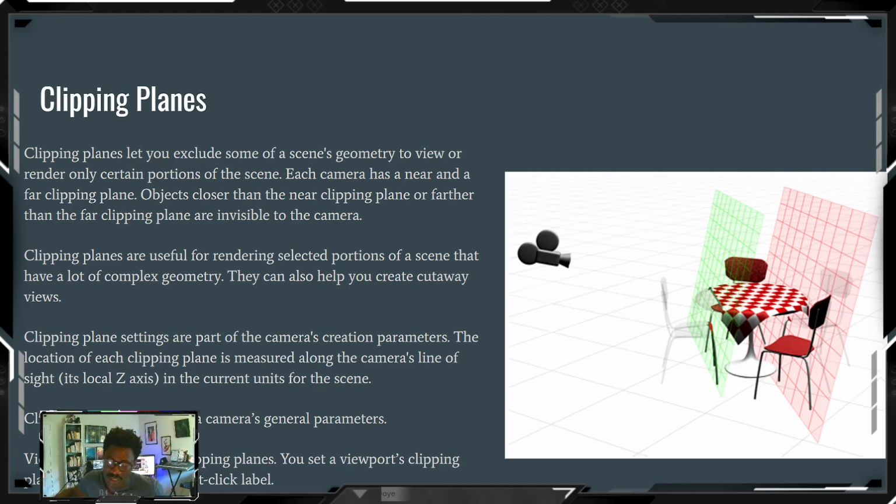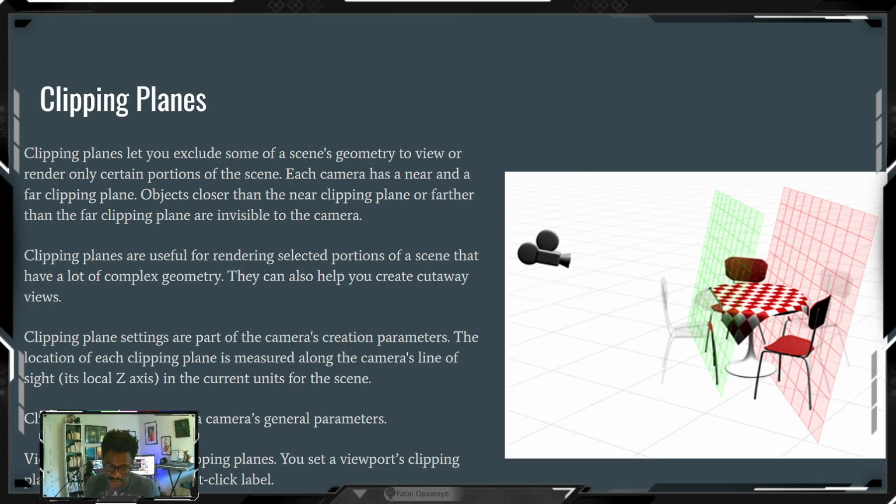You're going to have weird clipping plane issues in those situations. The way they do it in 3ds Max is they give you the option to slide your far plane and your near plane, and then you have to use your best judgment to get the best viewport settings. So clipping planes are a part of a camera's general parameters.